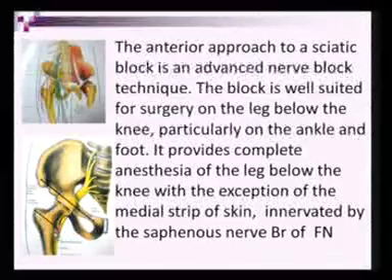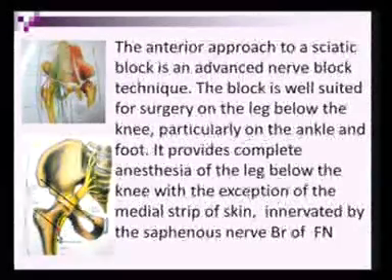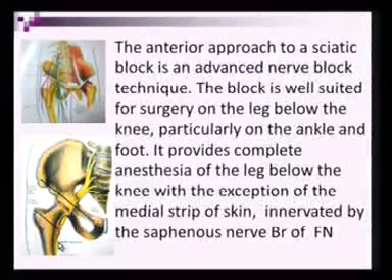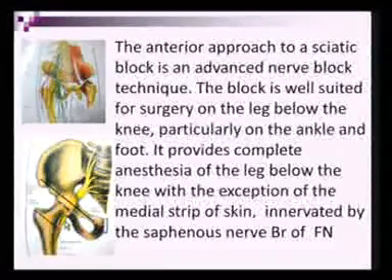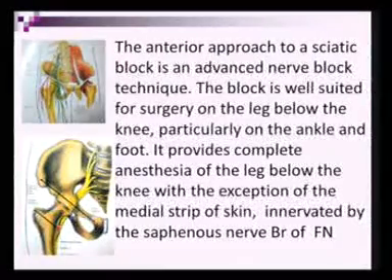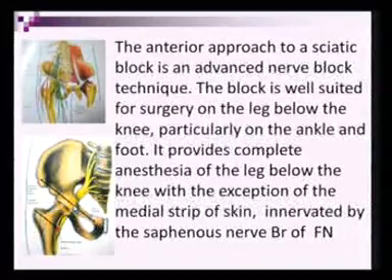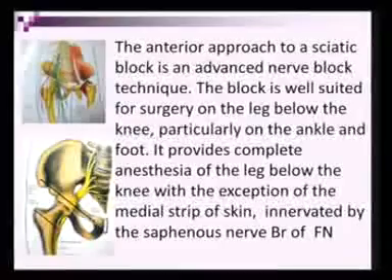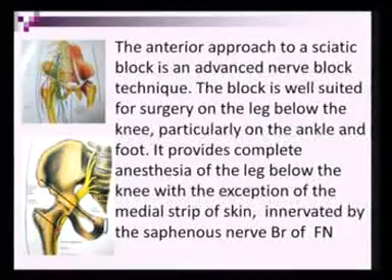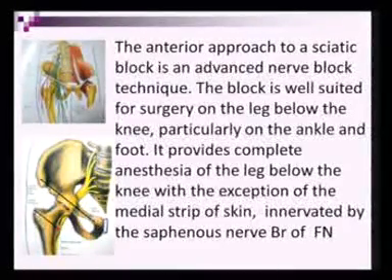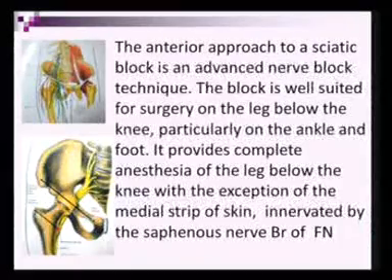In the anterior approach, one has to be careful. Though the nerve is approachable, a little more expertise is required, and we have to be careful that the femoral vessels are also lying here. This technique is used when we cannot position the patient for the lateral block. If the patient cannot be positioned, then the anterior approach is tried.